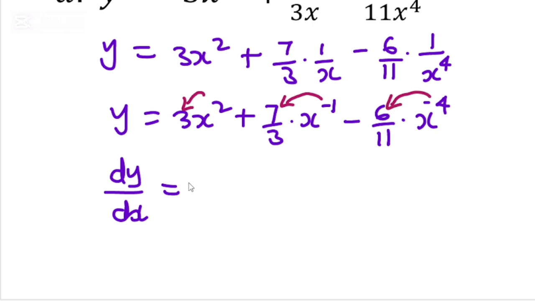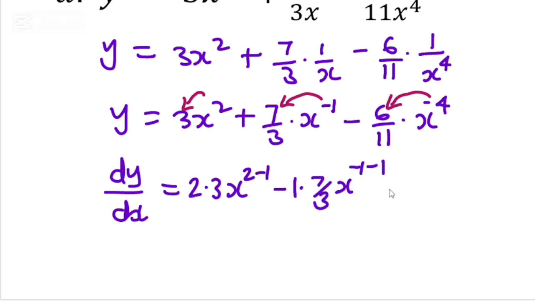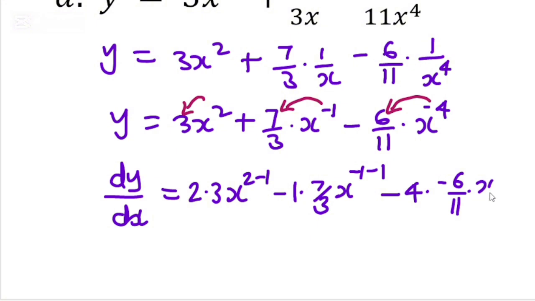So we have 2 times 3 x to the power 2 minus 1, then negative 1 times 7 over 3, then x to the power negative 1 minus 1, then this negative 4 will multiply by this, so we have negative 4 times negative 6 over 11 times x to the negative 4 minus 1.